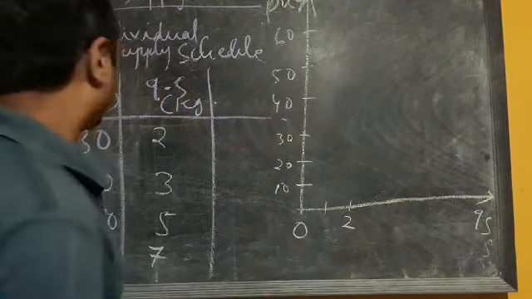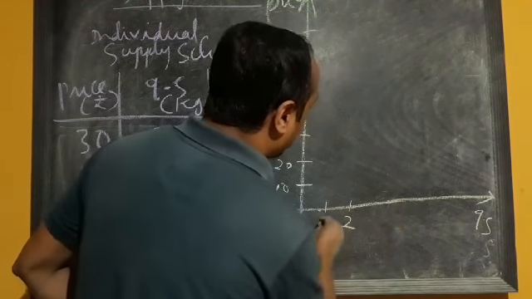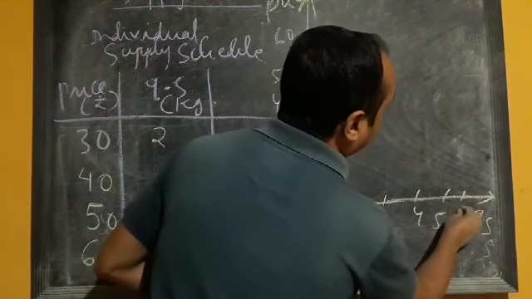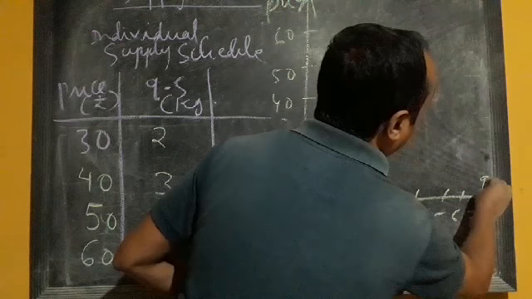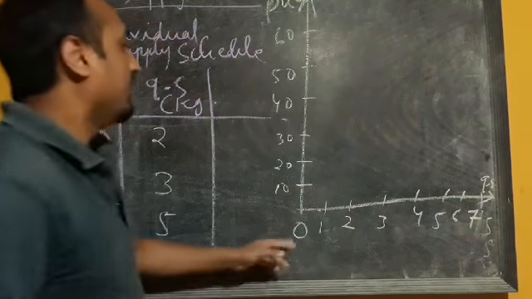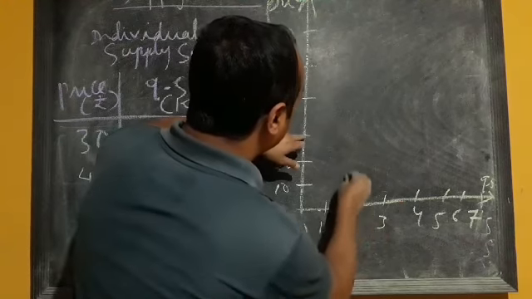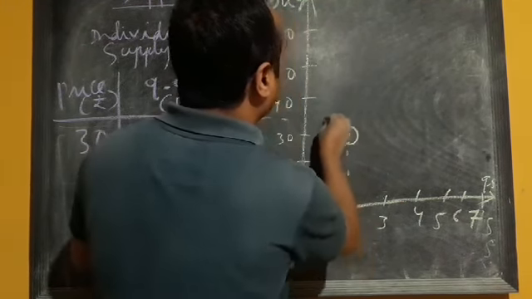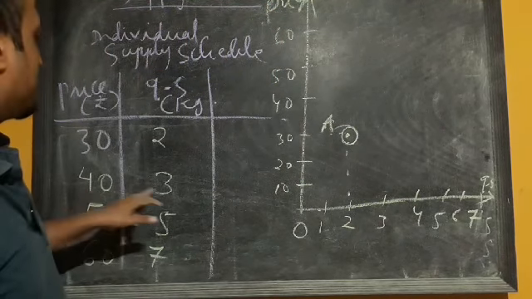And for the quantity axis we mark 1, 2, 3, 4, 5, 6, 7. This is our QS. Now when price is 30, quantity supplied is 2 kg. Let's consider this point as point A. Similarly, when price is 40, quantity supplied is 3.